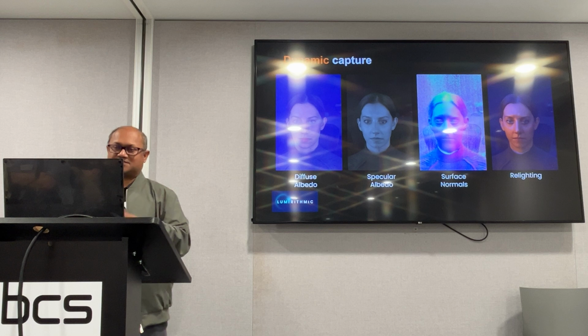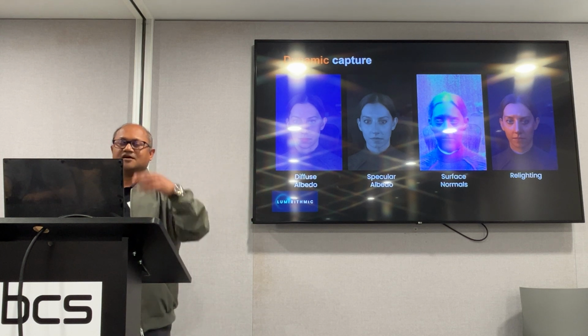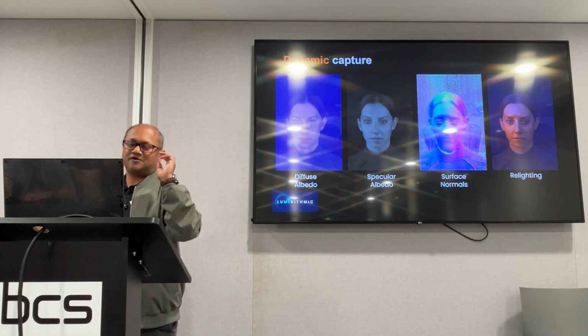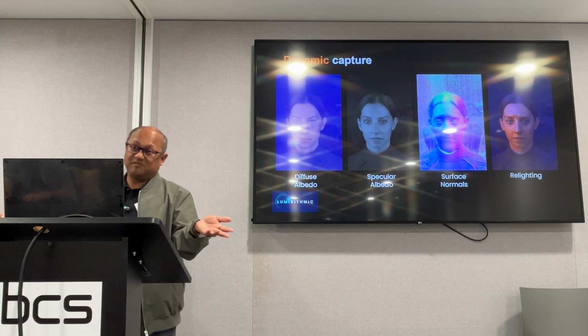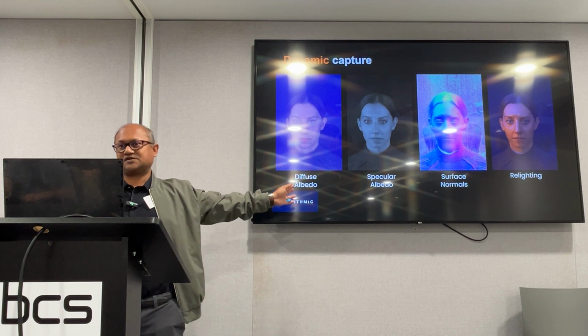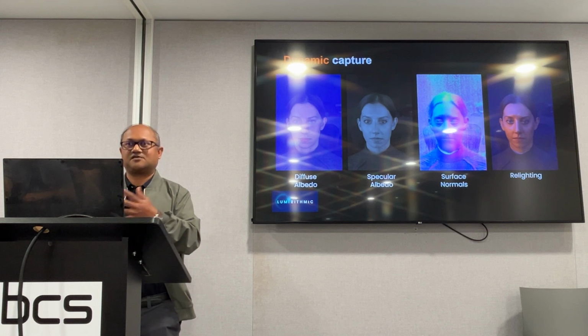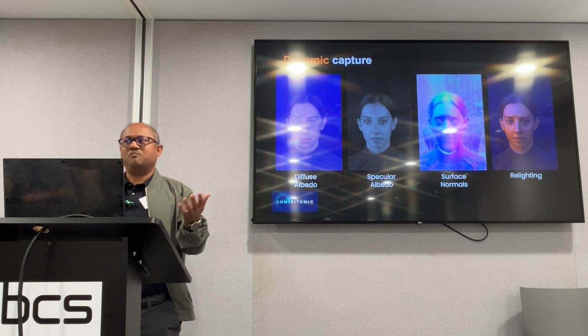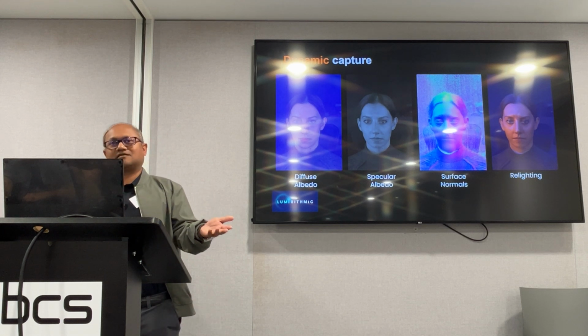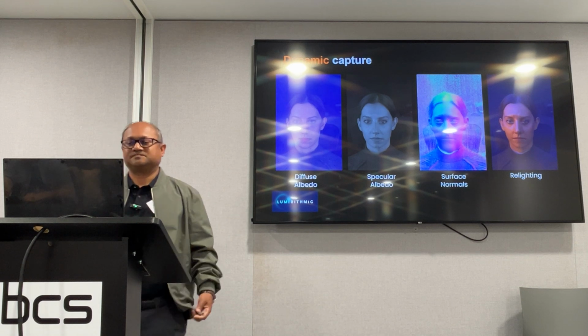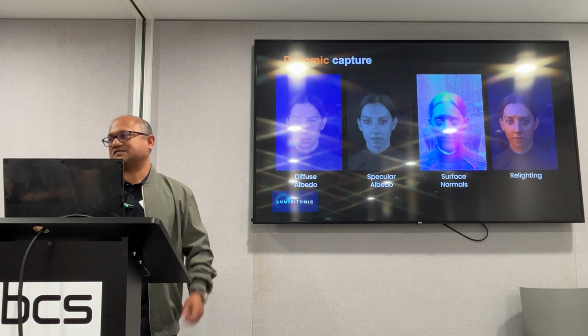So the higher the contrast, the more correct the separation. For a lighter skin color of a subject, so essentially white people, there is more diffuse pollution in the specular because essentially the color space theory just cannot distinguish white diffuse and white specular at that point. It's a very good question.